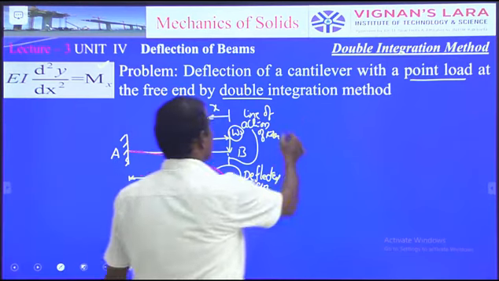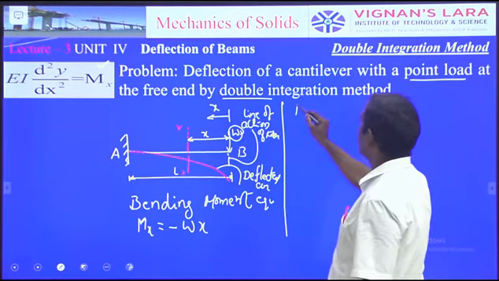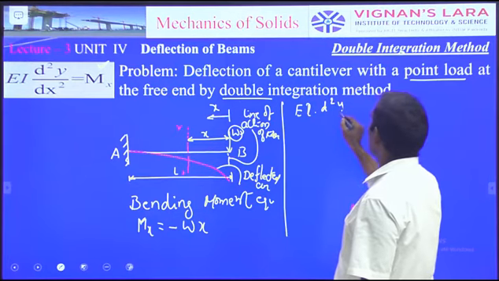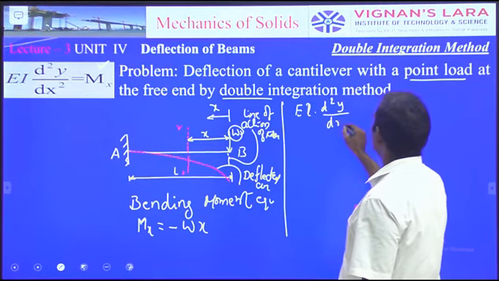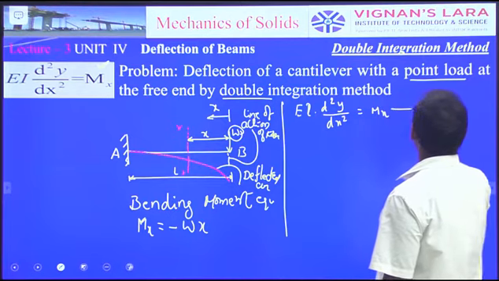Now, as per the governing equation, EI d square y by dx square is equal to Mx, say equation number 1.